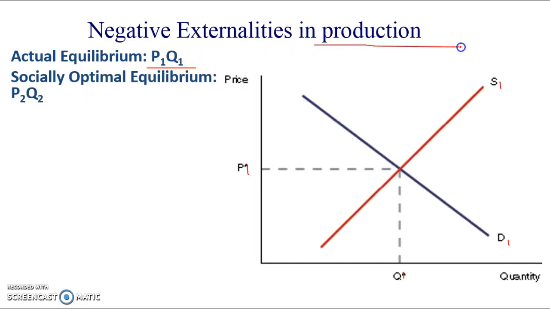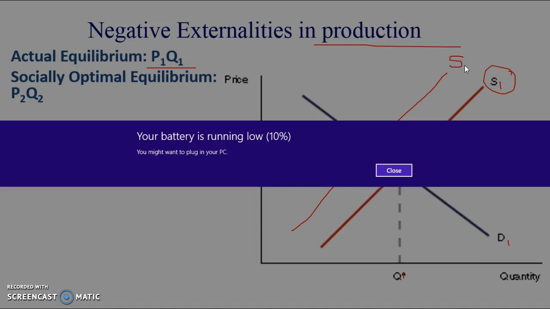So we're looking at production, and the key is whenever you're looking at a negative externality in production, it's actually supply that's going to be moving. We're going to have two supplies. So here we go. The producer took into account the full cost of their activity, including, oops, that shouldn't be down. Let's plug that in.